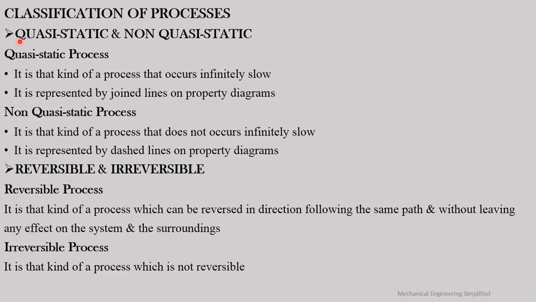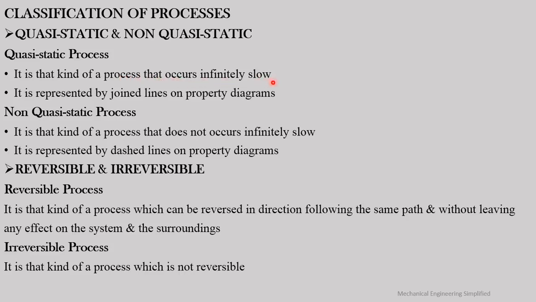Okay, then we have classification of processes. Processes are broadly classified into two categories. What are those? Quasi-static and non-quasi-static, and reversible and irreversible. What are those? Quasi-static is that kind of process that occurs infinitely slow.